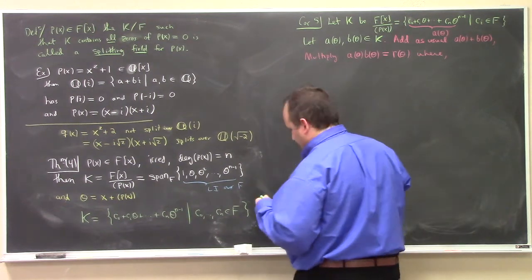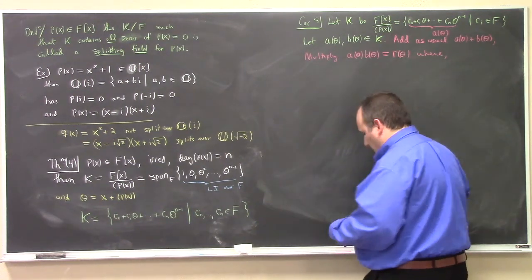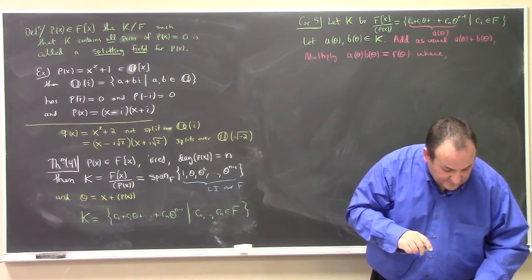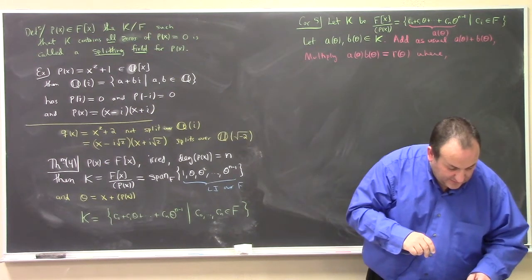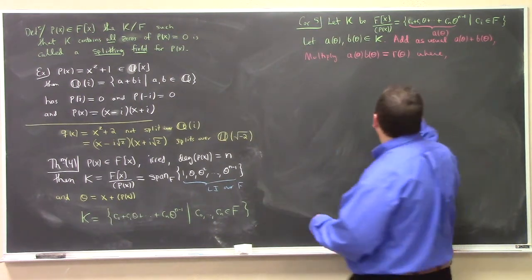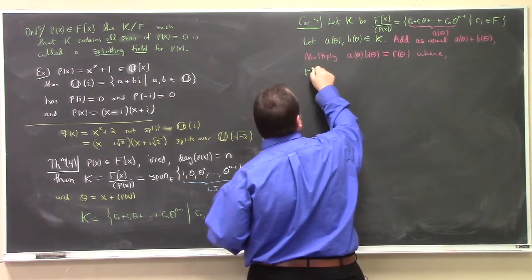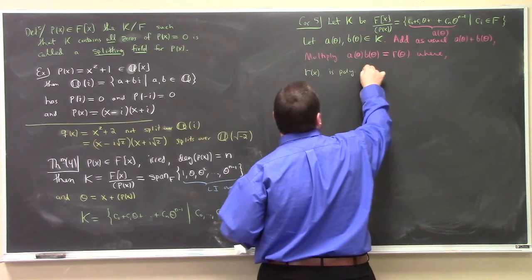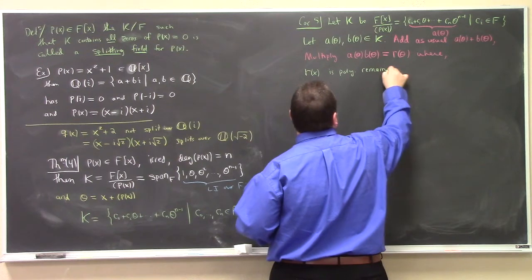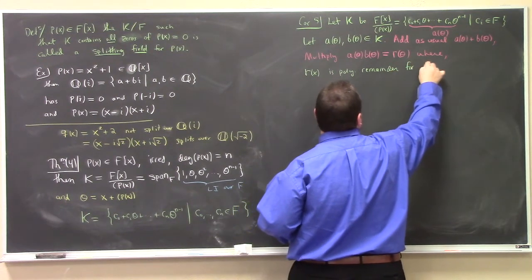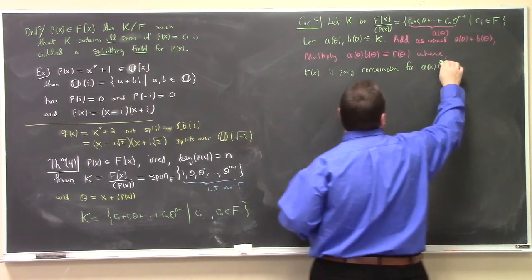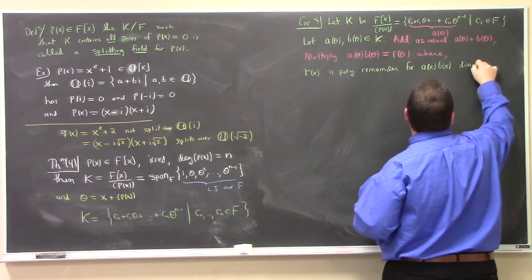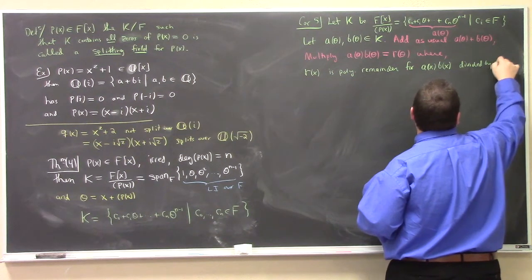Where R is the polynomial, in fact, the remainder of degree less than n obtained after dividing the polynomial A of x times B of x by P of x. So R of x is the polynomial remainder for A of x times B of x divided by P of x.